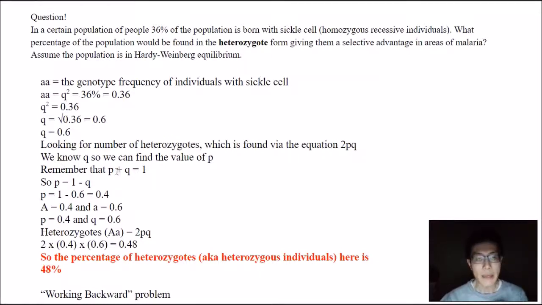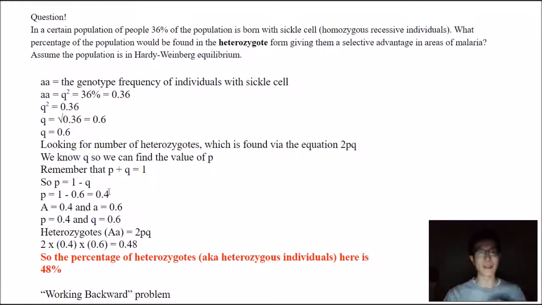So remember that p plus q equals 1. So that means that p equals 1 minus q. Think about that for a second. Hopefully it makes sense. And so we know that p equals 0.4. q is 0.6, so p obviously is going to be 0.4 if they're going to add up to 1. That should make a lot of sense to you, I hope, at this point.